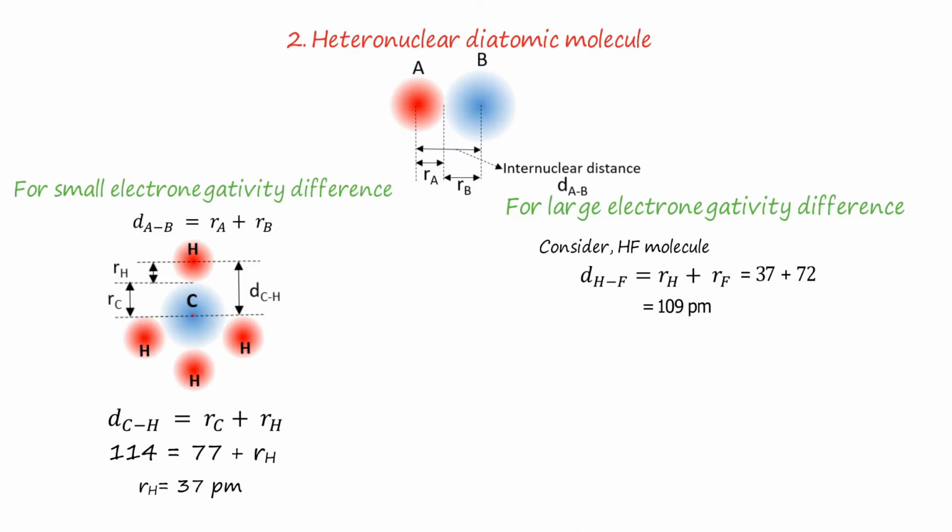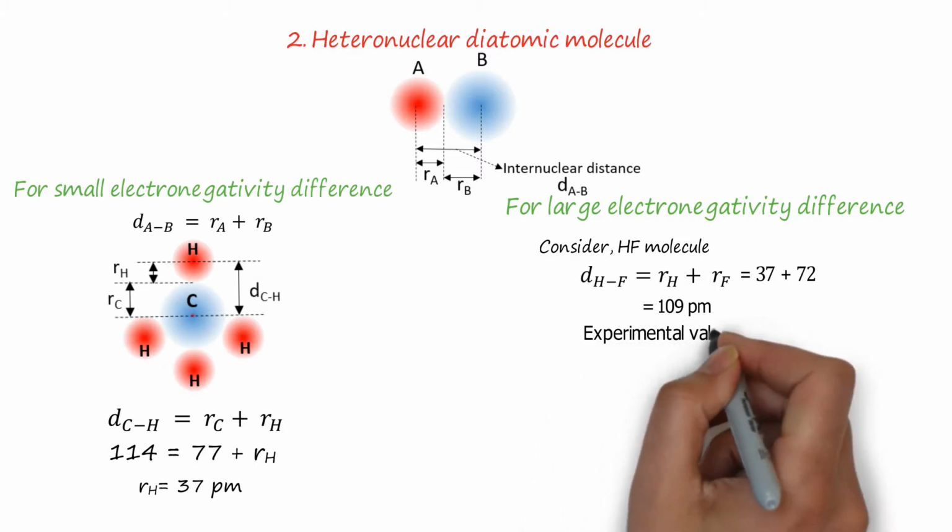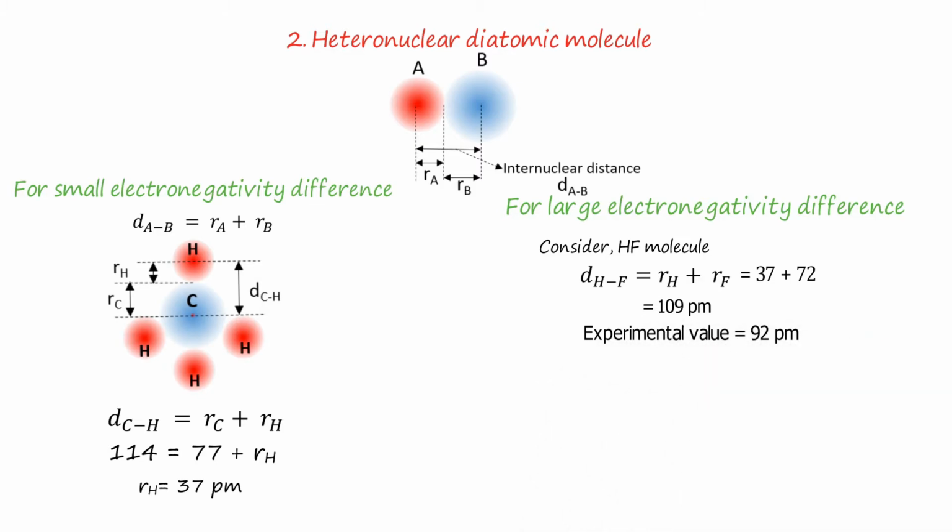But the experimental value of the internuclear distance between hydrogen and fluorine using the spectroscopic method is 92 picometer. Because of this huge difference between theoretical and experimental values, which arises due to the ionic character of the bond, there is a need to modify this formula.